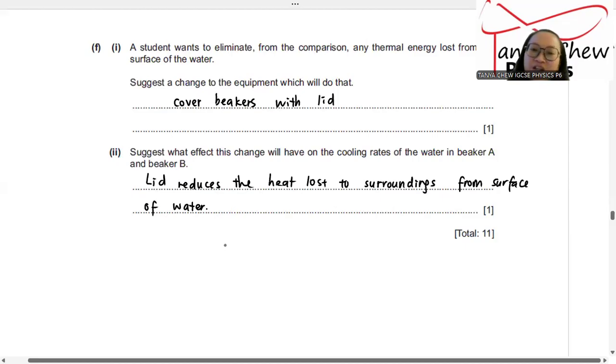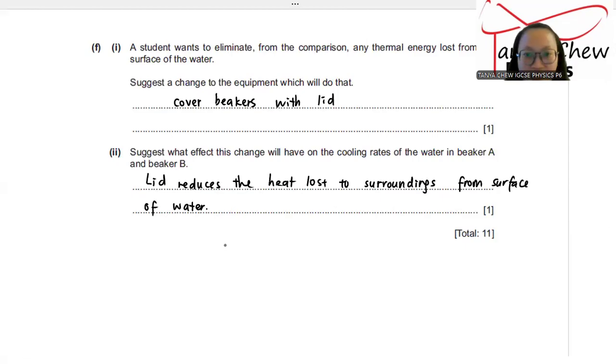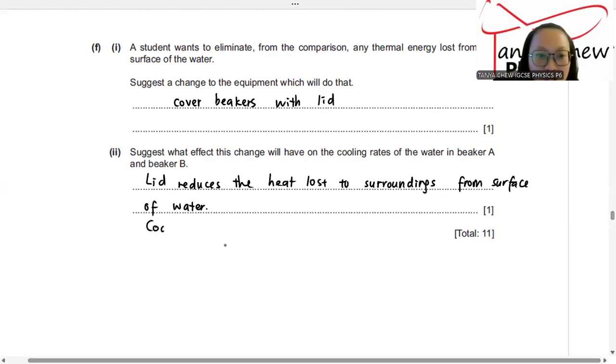Right? So it would take a longer time to cool down the water. So the cooling rate will decrease. Cooling rates of water in both beakers decreases.